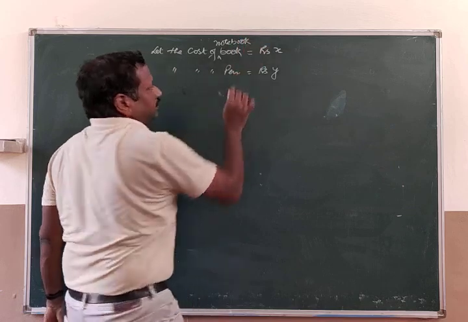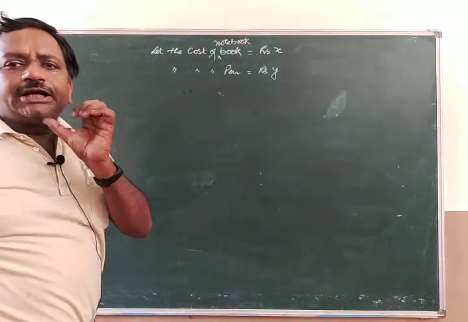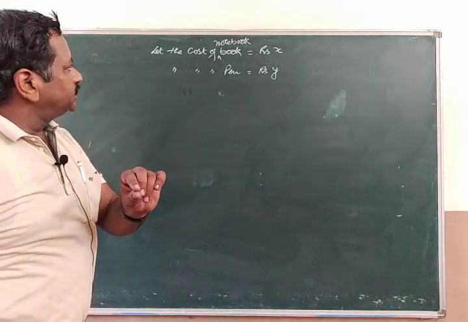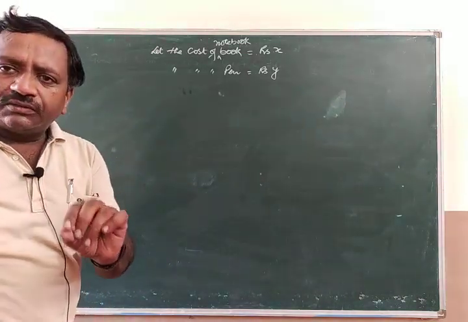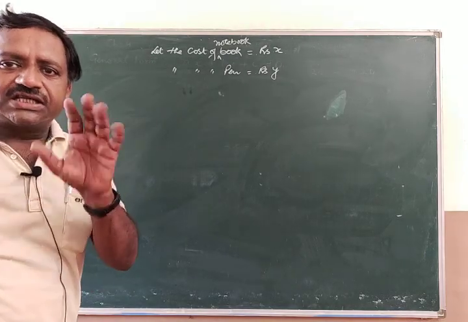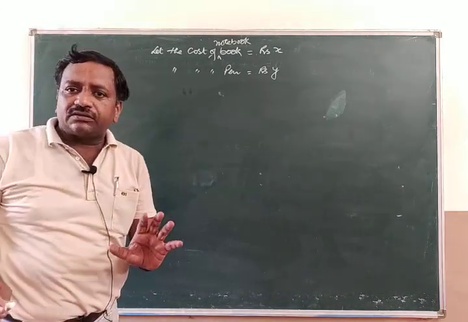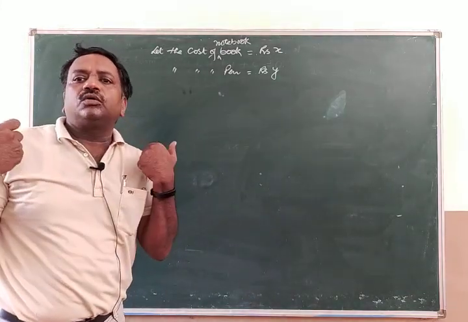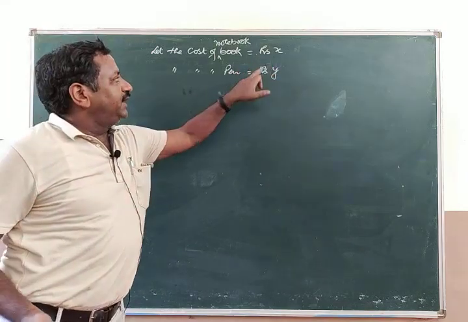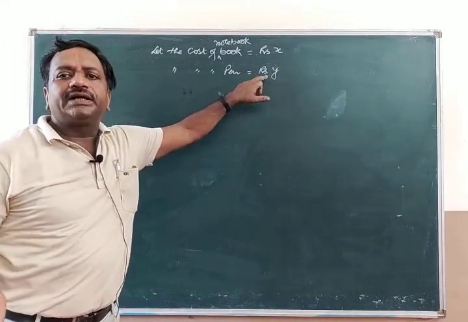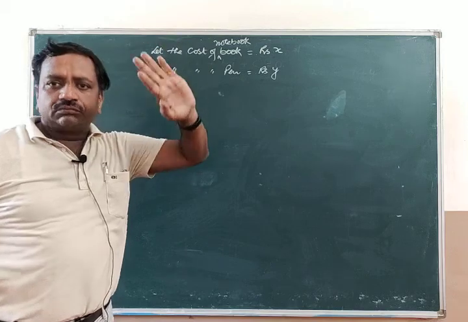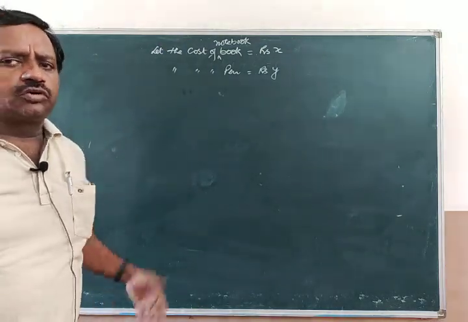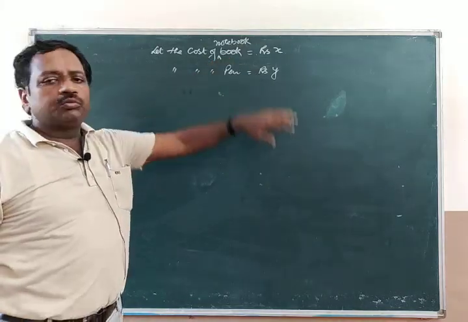Because it is written in the question in the NCERT that you have to take the cost of notebook as x and cost of pen as rupees y. That is why we are taking it. Otherwise, if it was not written there, we could take it by our own choice. We can take x as the cost of pen also, or y as the cost of notebook. That is my choice.